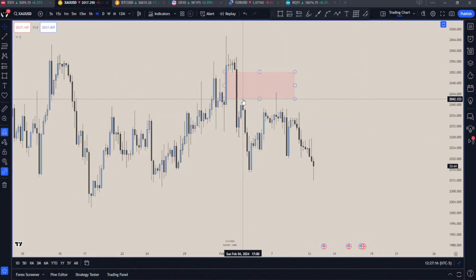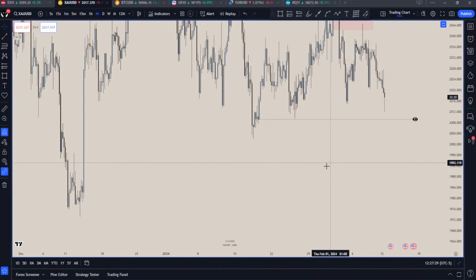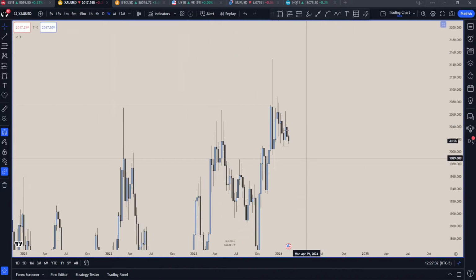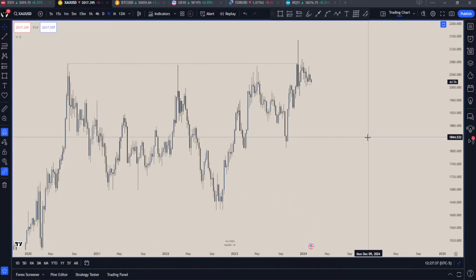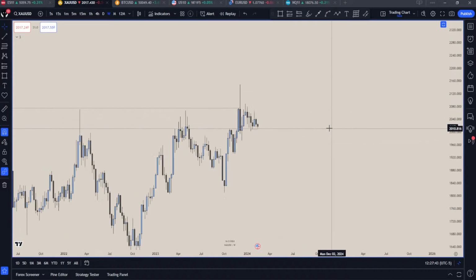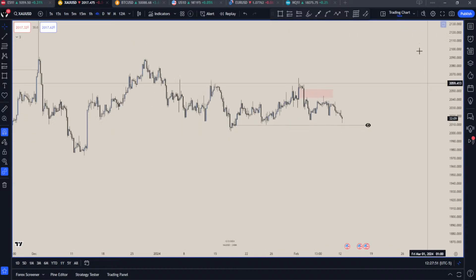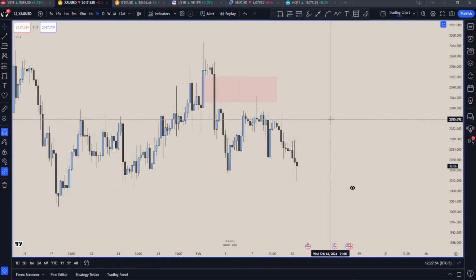We just tapped into it here, so I shorted here, and we retraced back into it. I was looking for more sells, and ultimately this is my draw on liquidity for now, but I do think that if we continue lower, then for sure we're gonna go lower, because on a weekly basis, we just manipulated this high out, you know what I mean, traded it into a rejection block, and every dealing range begins with a new rejection block, right? So we have a rejection block, we have an order block right here, so now we're just looking for fair value gaps to the downside and stuff like that. Does that make sense? So this would be what I'm looking at on gold, right?